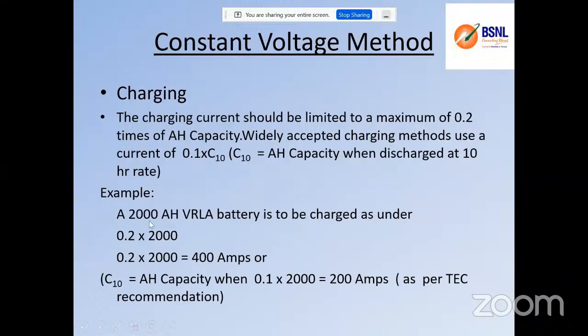So if it is 2000 AH capacity, charging at 20% I can allow a maximum of 400 amperes. If I adopt only 10%, then the maximum allowed current is only 200 amperes, following 10% of the AH capacity. Is that clear, sir?